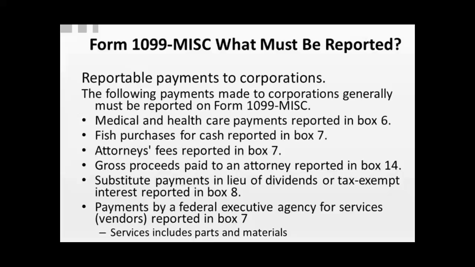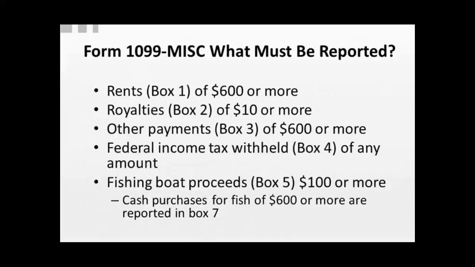Gross proceeds paid to an attorney are reported in Box 14. I'll talk about this a little bit more later in the distinction between that and the fees. Substitute payments in lieu of dividends or tax-exempt interest are reported in Box 8. And payments by a federal executive agency for services to vendors are reported in Box 7, and that includes parts and materials related to those services.